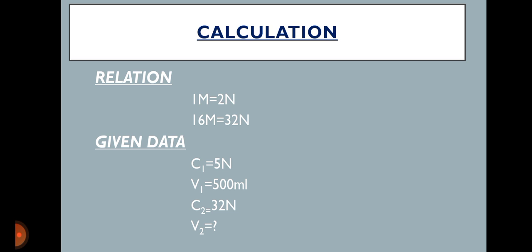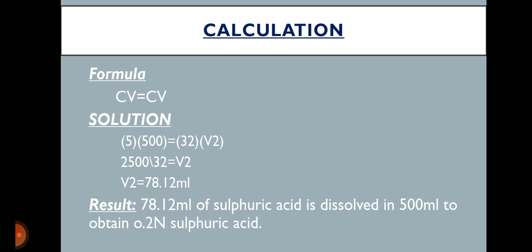So now let's move on to the next slide, which is about the formula. The formula for the experiment is C1V1 equals C2V2. We will put in the value of C1, which is 5, and V1, which is 500 ml, and C2, which is 32, which we get by using the relation 1M is equal to 2N, and V2.